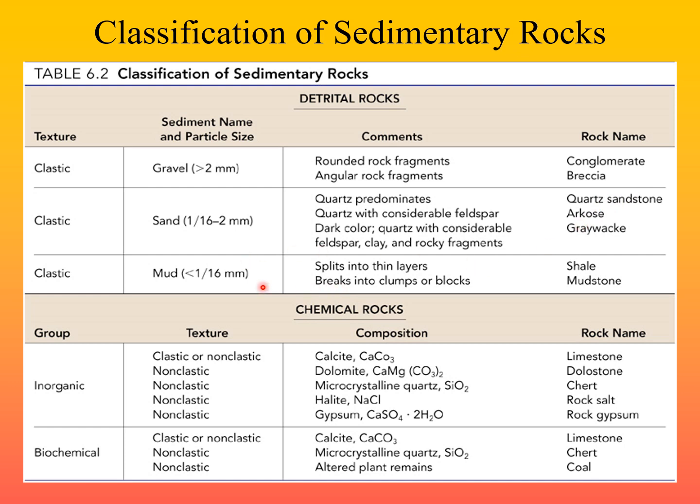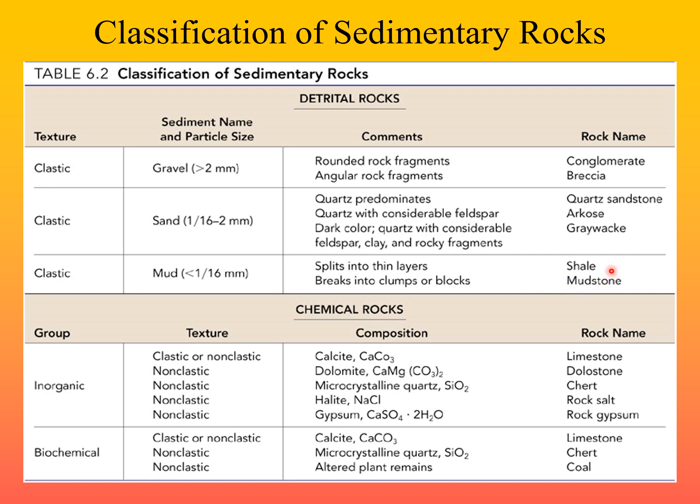Then you have the different clastic mudstones, and there the clasts are really small, almost invisible to the naked eye, similar to your aphanitic igneous rocks. But here, instead of magma cooling and forming small crystals, this is just really small fragments that have traveled so far that they're rounded down to almost nothing.